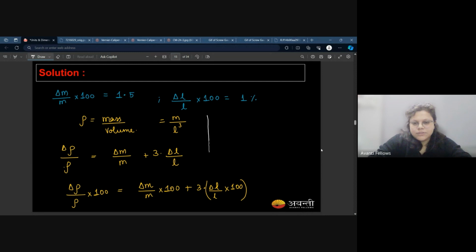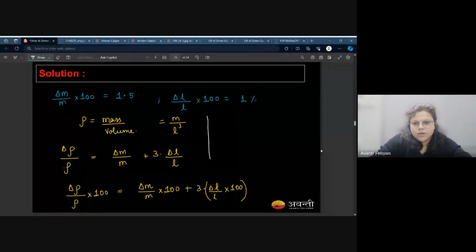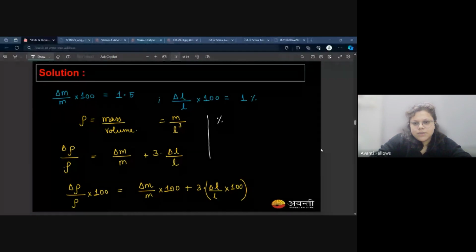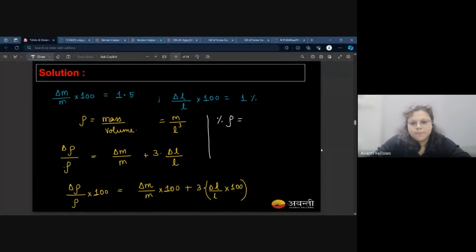You will have the answer that the percentile change in density would be 1.5 plus 3 into 1. And it would be 1.5 plus 3, and it is 4.5%, which is your option D. Is that okay?